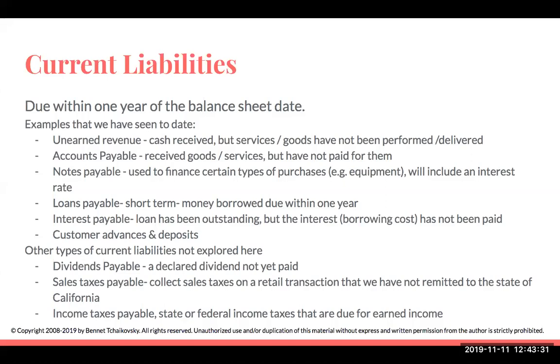So my customer is not only going to be paying the purchase price, they're also going to be paying the sales taxes. Those sales taxes are not for me to keep. So I'm going to have to remit those sales taxes to the state of California. Again, sales taxes payable: I've collected the cash from the customer, but I have not yet remitted that to the appropriate state agency.